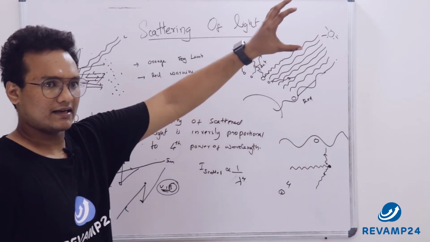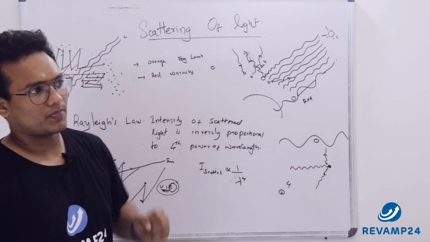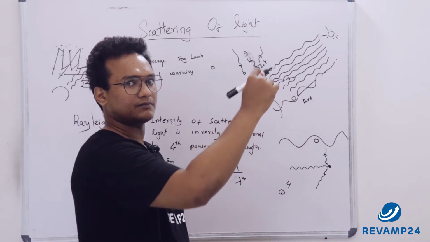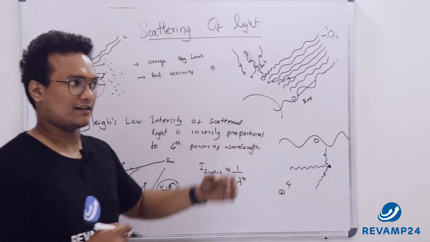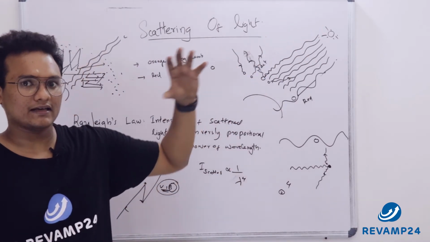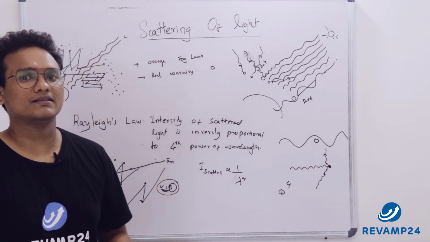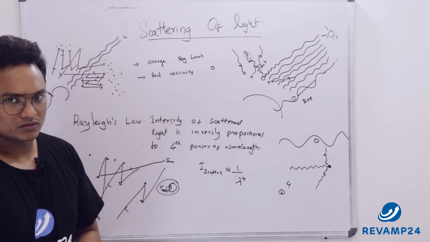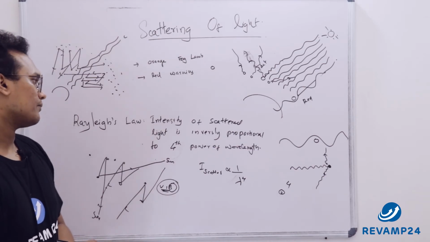When we see red light in a traffic signal, it is subjected to least scattering, which means it can directly reach our eye without being scattered. If you used blue, it would be scattered around, so it could not reach our eye.